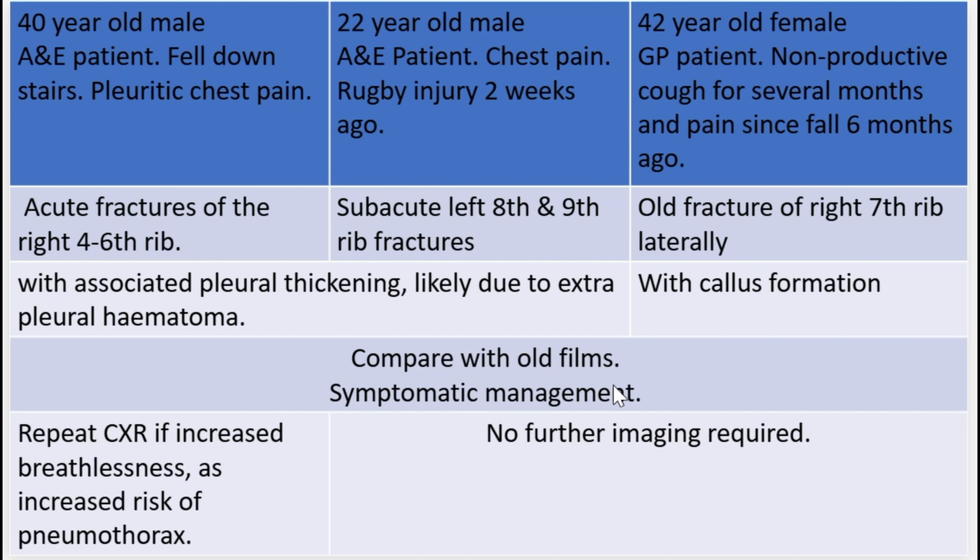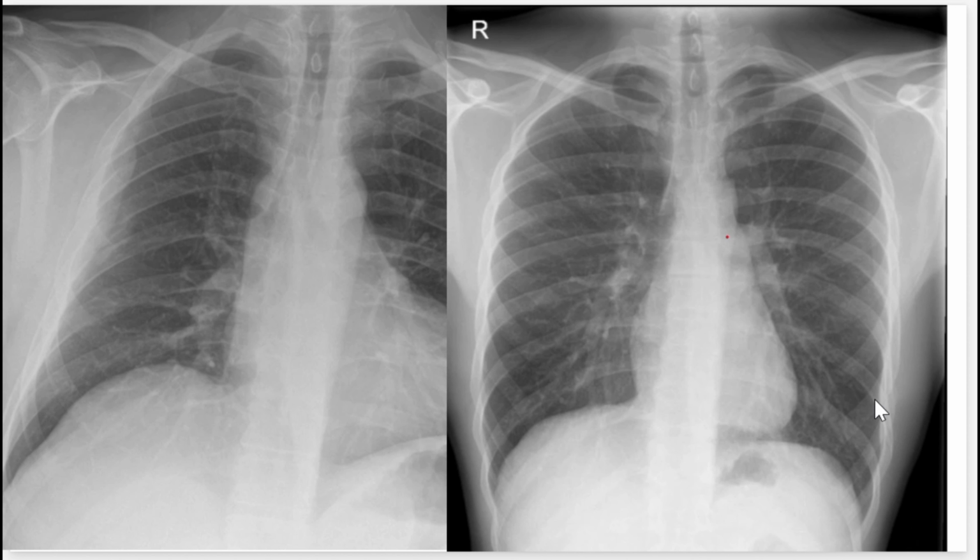I would compare with old films, and symptomatic treatment is also recommended, but no further imaging required. In subacute rib fracture, there is no risk for development of pneumothorax, so there is no further imaging required, only symptomatic treatment. Why?